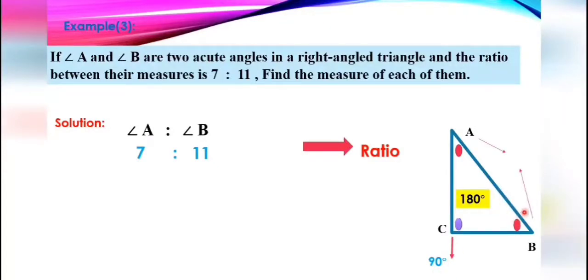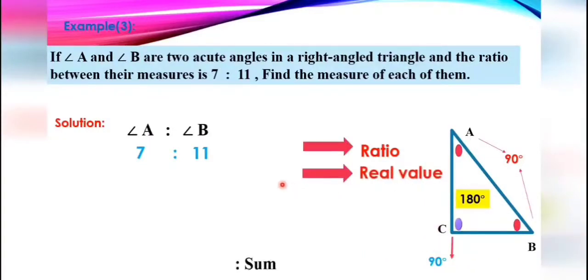So the sum of angle A and angle B will be 180 minus 90. 180 minus angle C. Angle A plus angle B equals 180 minus angle C, or 180 minus 90 equals 90 degrees.